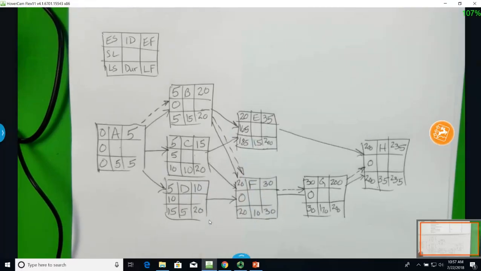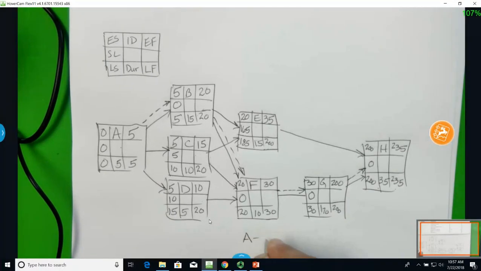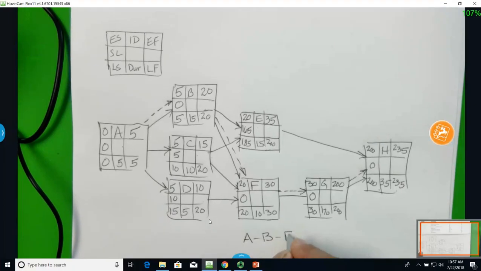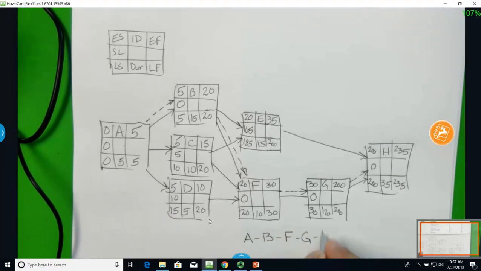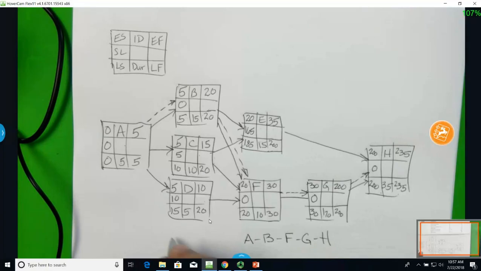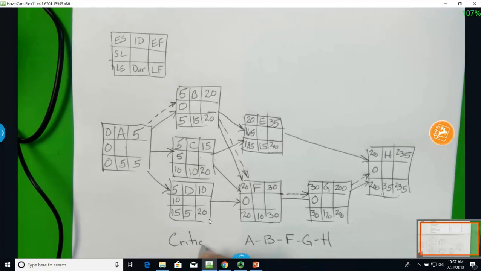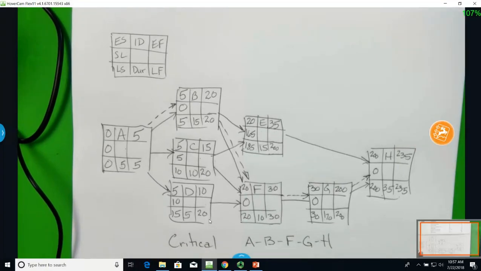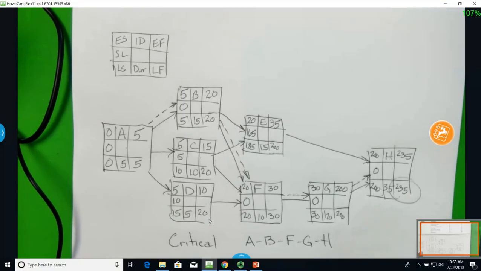Now you may have reasons you need to get them done in certain times, but according to our schedule that we've laid out with the team, we now know this is a 235-day project, and my critical path A, B, F, G, H is critical. So I now know both of those things, 235-day project.